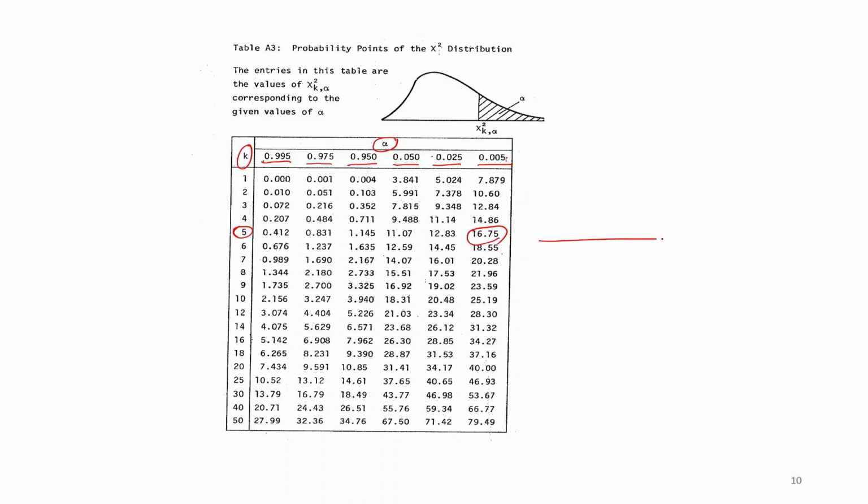So if I draw it again here, when alpha is only 0.005, alpha is somewhere here. This chi-square value will be very high. So it is therefore 16.75. These are chi-square values. And if I go to, let us say, 0.05, 0.05 will be somewhere here.